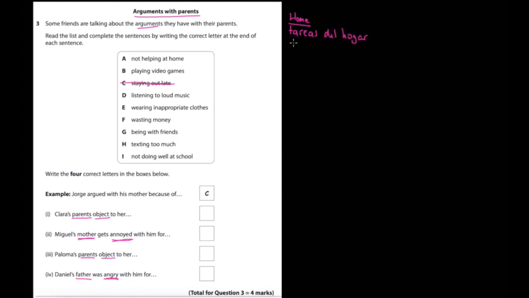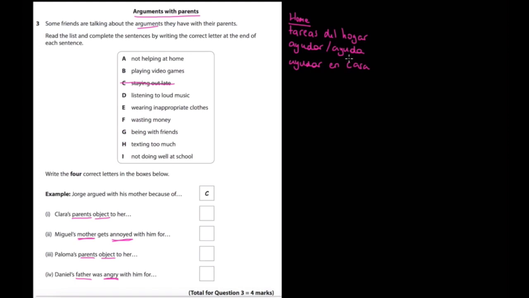I might hear the word ayudar, to help, or ayuda, help. The most direct translation would be ayudar or no ayudar en casa. Okay, this would be the more direct translation, but because this is the higher paper, we might hear something a little bit more obscure.